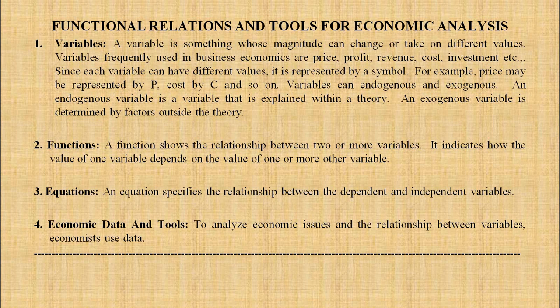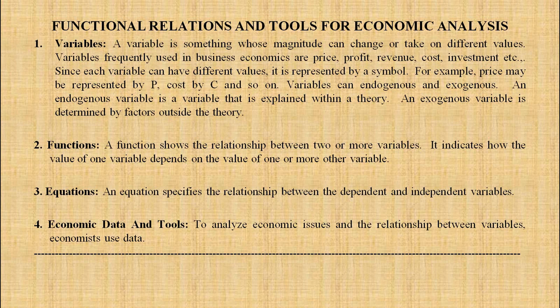Next, equation. An equation specifies the relationship between dependent and independent variables. For example, the functional relationship between price and quantity demanded can take different forms. The specific relationship between two or more variables is specified in the form of an equation.